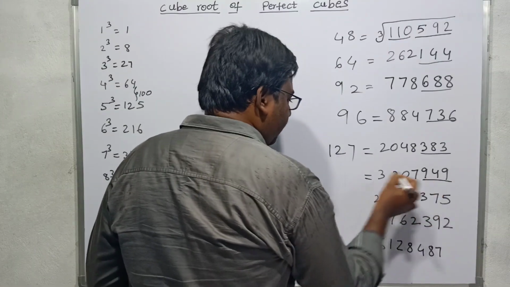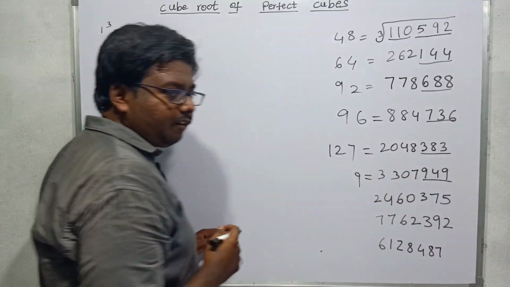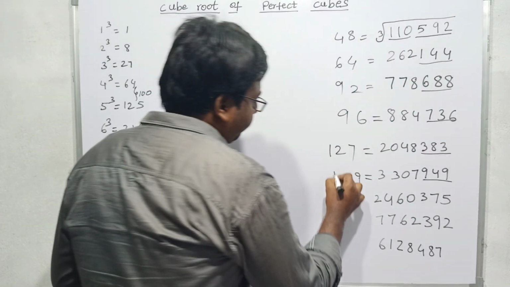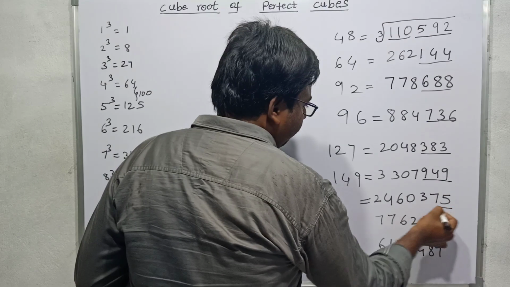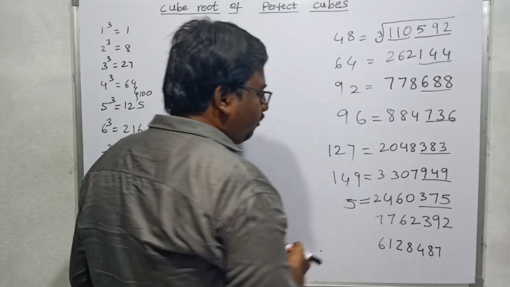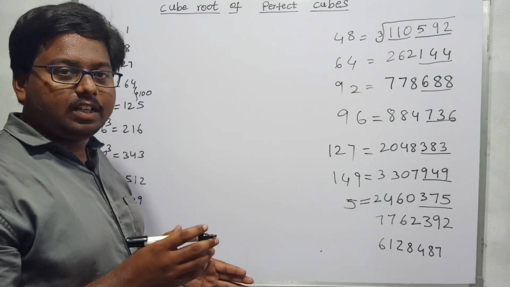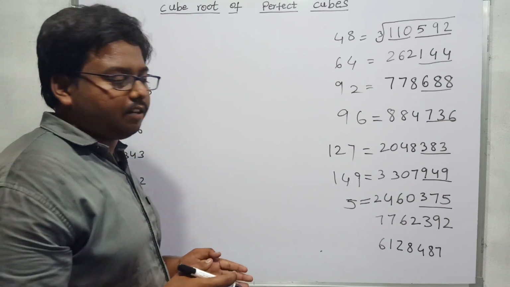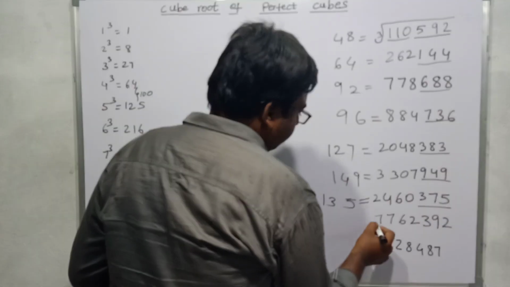In 3307, it is less than 3375, which is 15 cube, so it must be 14, and with unit digit 5 we get 145. Next, 2460 is less than 2744 and greater than 2197. 2197 is 13 cube, so it must be 13.